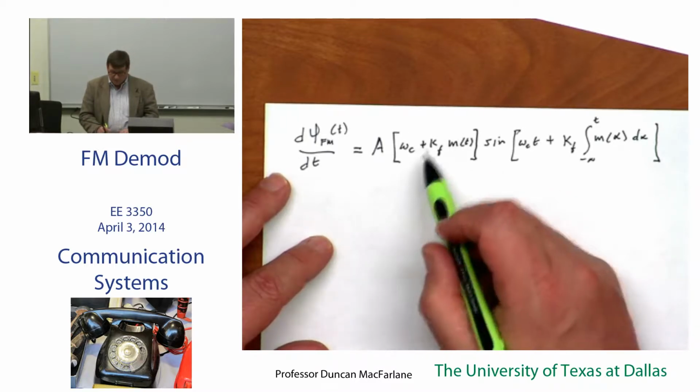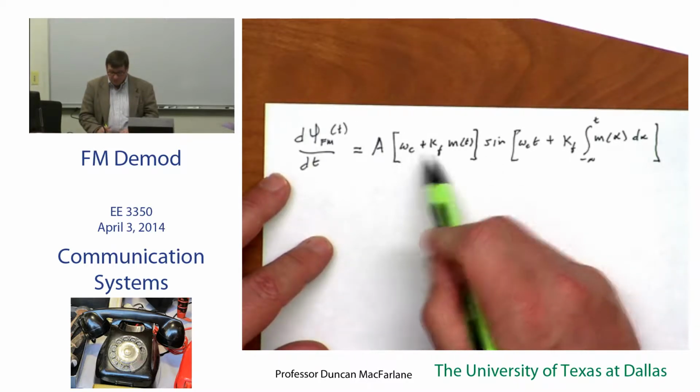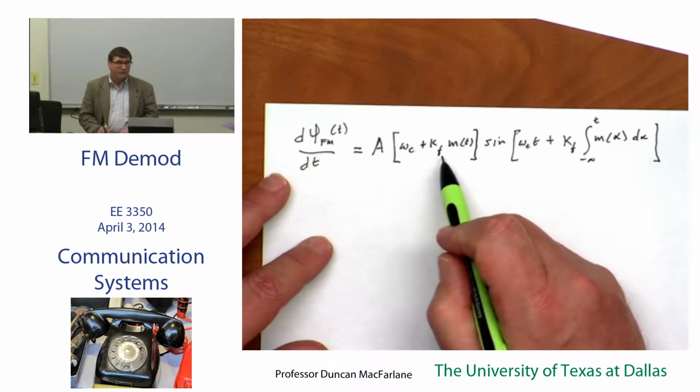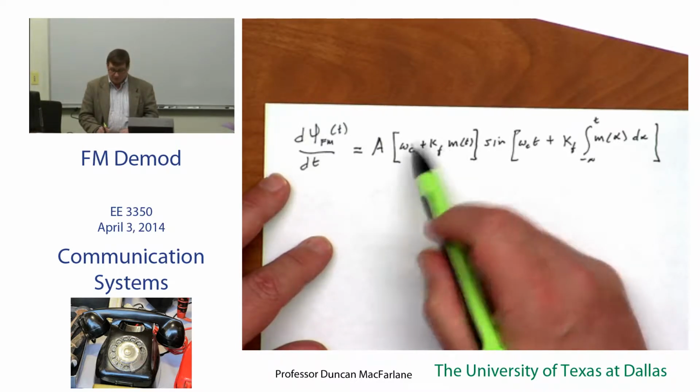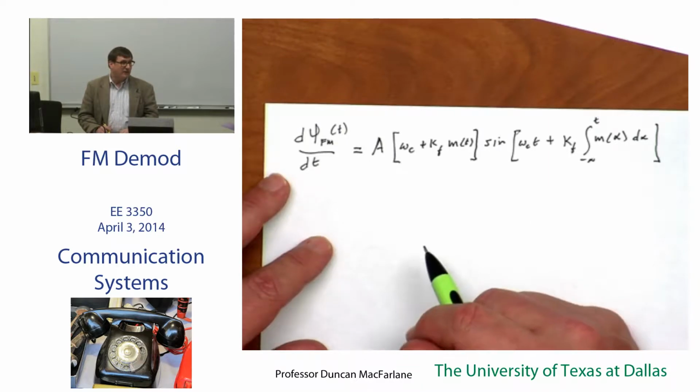And in fact, if you look even more carefully at the role of omega c and kf, if you take the ratio of that, you've got the modulation index mu of that. Okay?